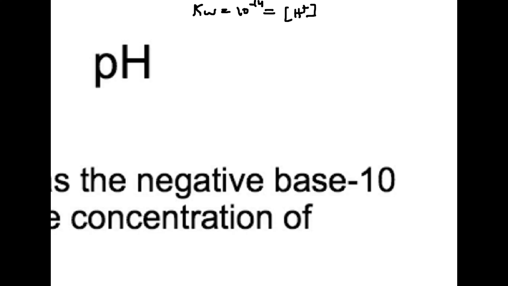They're going to be equal. The two of them as a product equal 10 to the minus 14. Give me a number. Exactly. It's going to be the square root of 10 to the minus 14. And the hydrogen ion concentration, therefore, is equal to 10 to the minus 7. Be able to do that on your calculators. Your next exam will have at least 10 of these where you have to calculate the square root of something.